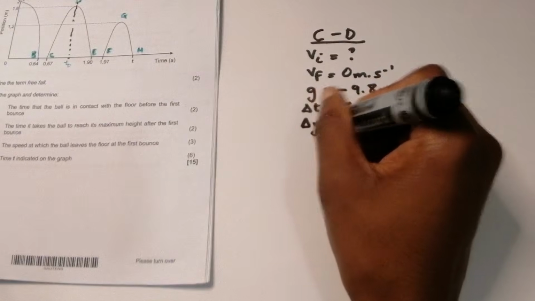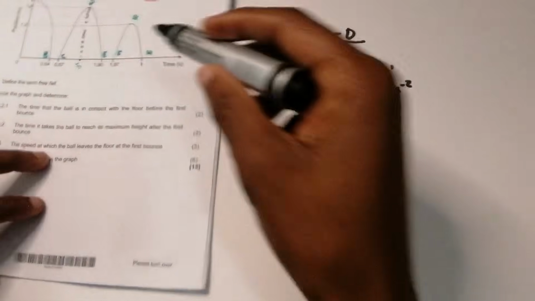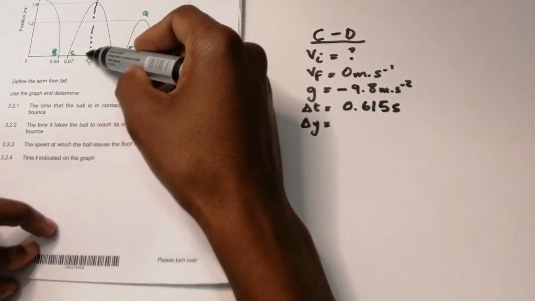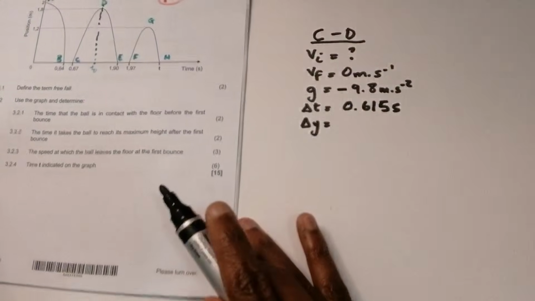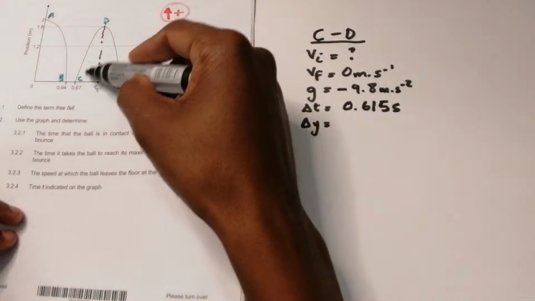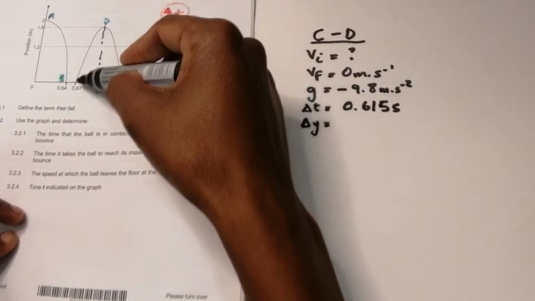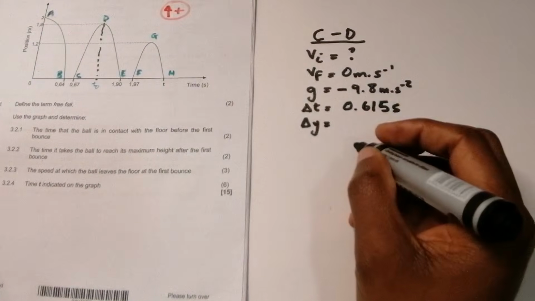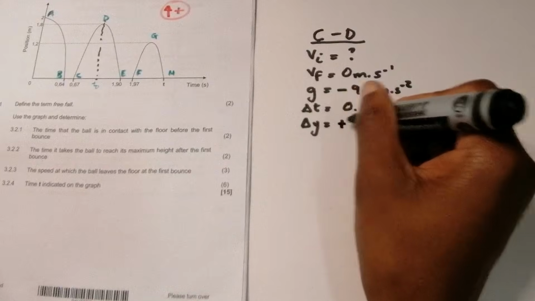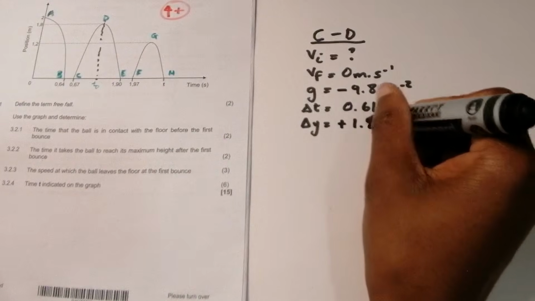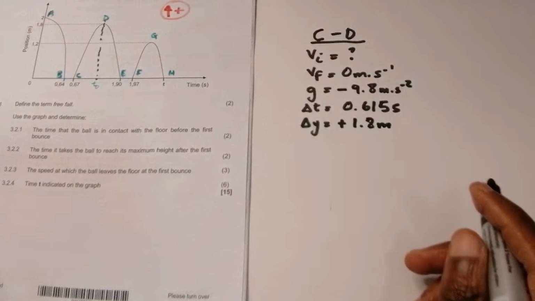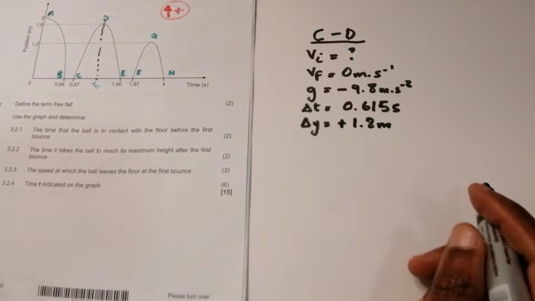And then what about the displacement? From position C to D, it's 1.8 meters upwards. So it must be positive 1.8 meters. Remember, we took up as positive, right?